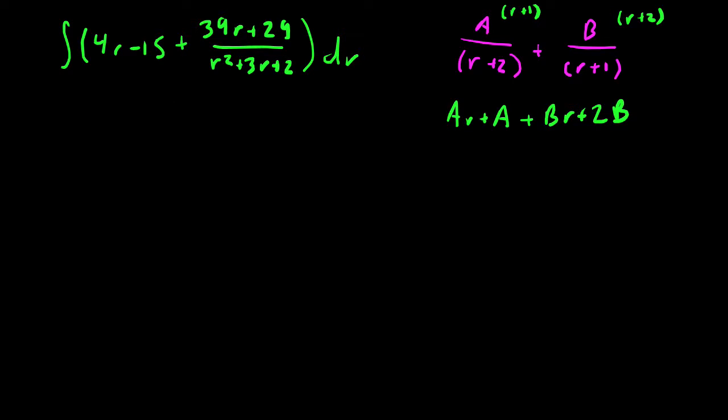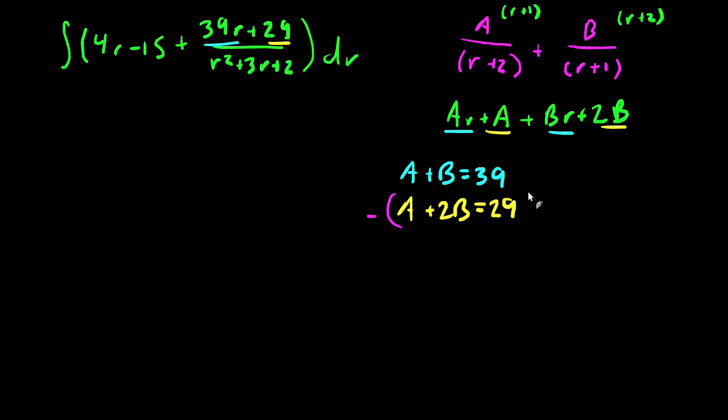So I group them up and get a plus b equals 39. And group them up and get a plus 2b equals 29. And I'll solve it by hand.